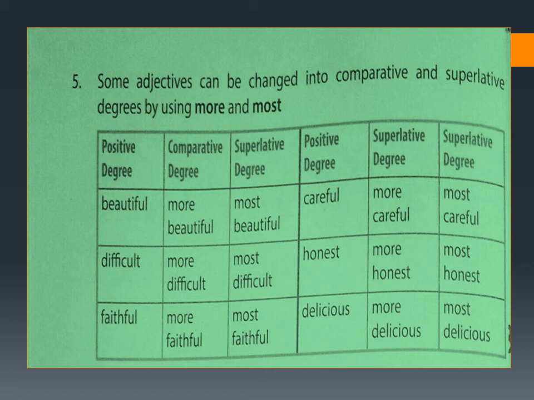Smart, smartest. Long, longest. Soft, softest. Soon, soonest. Light, lightest. Cold, coldest. So you can observe est is added to the positive forms of words. Then that is called as superlative degree.